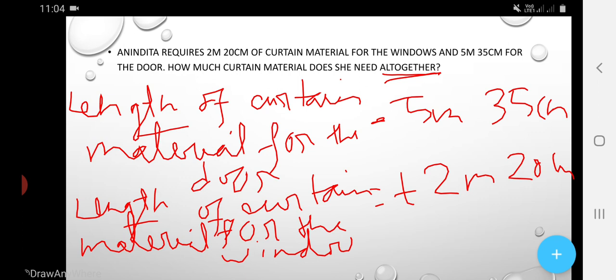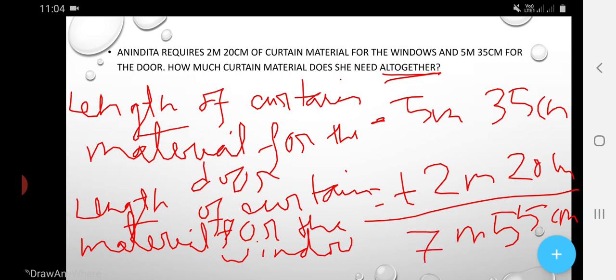So if I add 5 plus 0, this becomes 5. 3 plus 2 becomes 5. Now comes under meter. 5 plus 2 is equal to 7 meter. So what is the resultant? Resultant is 7 meter 55 centimeter. So what I have to write?